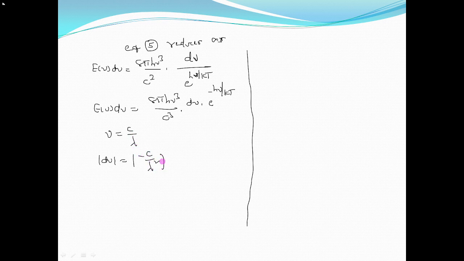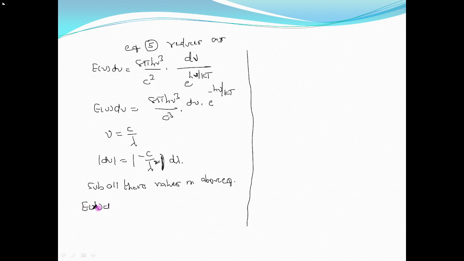So it is minus c by lambda square into d lambda. Substitute all these values in the above equation. So if I substitute all these values, I get E nu.